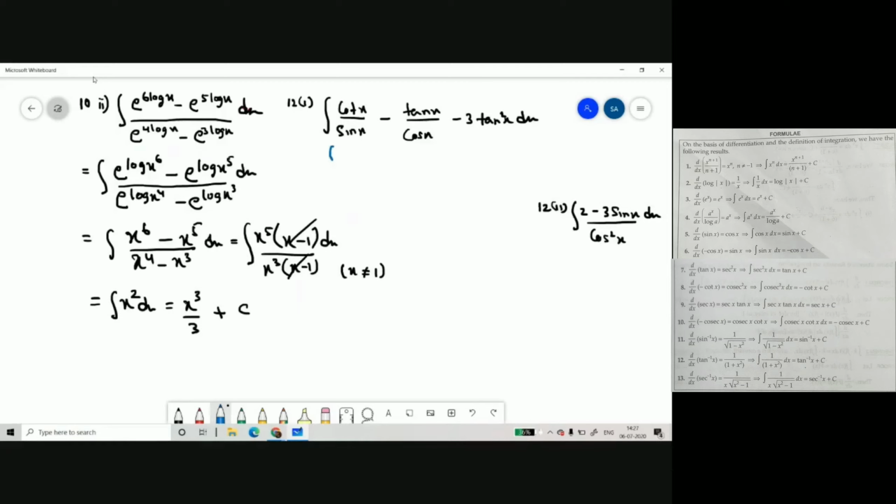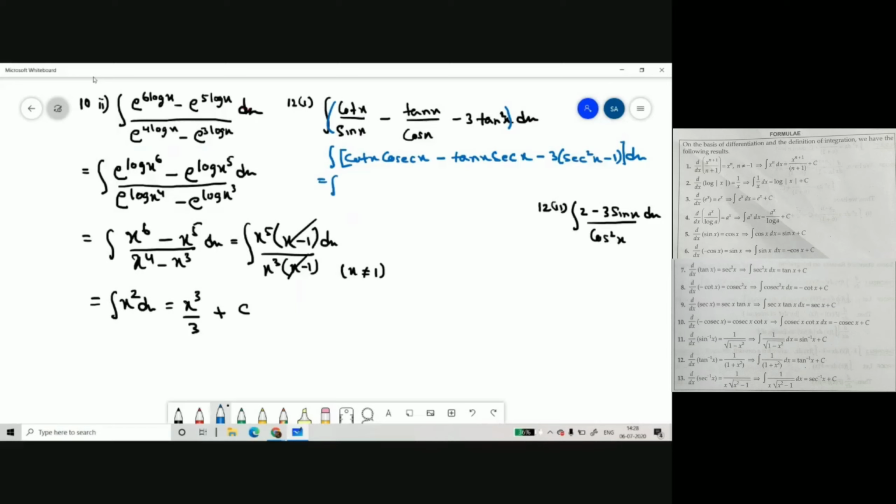Carefully, can I write this as cot x cosec x minus tan x sec x minus 3 times tan square x? We know tan square x is nothing but sec square x minus 1. Am I correct or not? dx of the entire thing. Now look carefully.